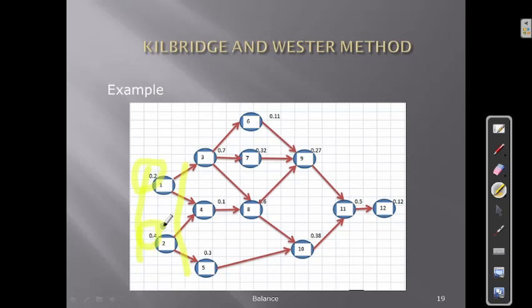So 0.4 is the highest value. We take work element 2 with 0.4 minutes as the first one in the table. Likewise, we do this for all columns.